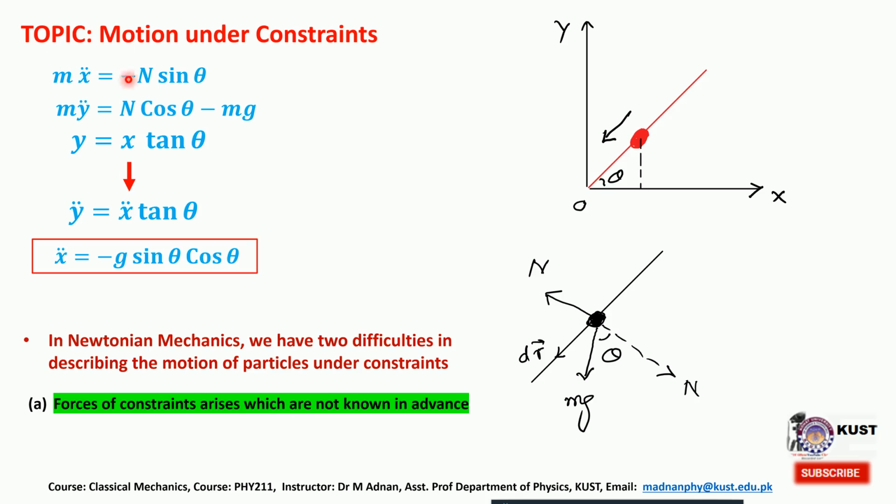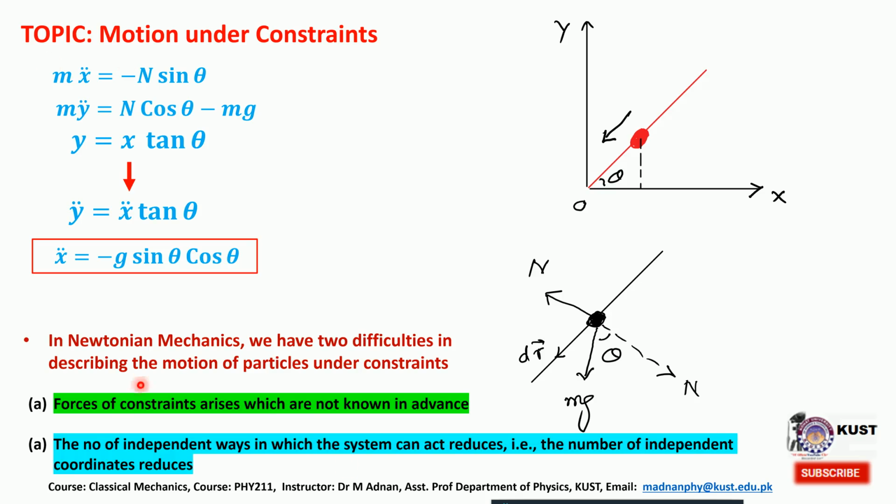The second is that the number of independent ways in which the system can move reduces, that is, the number of independent coordinates reduces, as we discussed on the previous slide. In this example, the constraint force is the normal force.